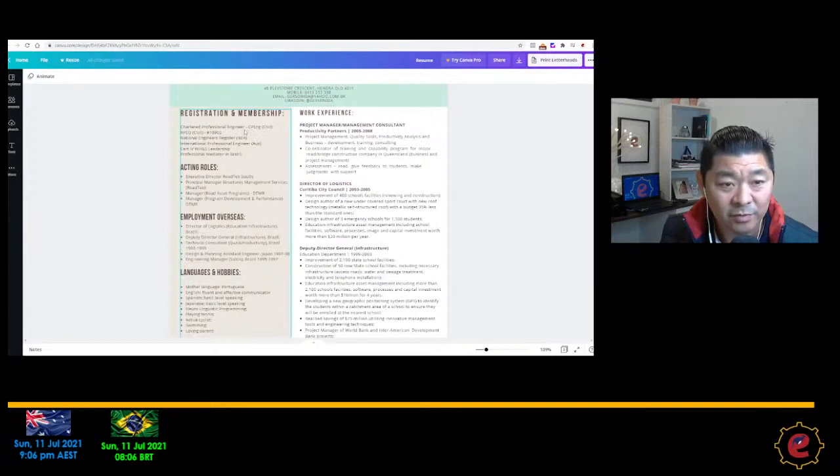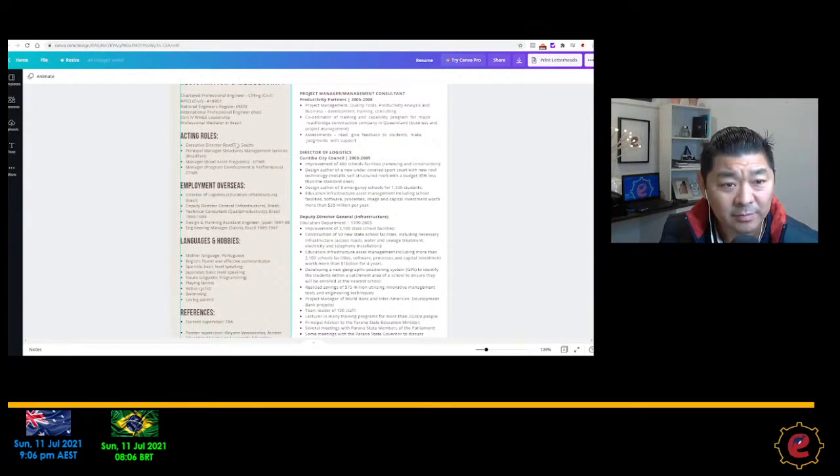If you're not a Chartered Professional Engineer or Registered Professional Engineer, you're probably not going to put it, but it's certainly important to put your validation here as an engineer.